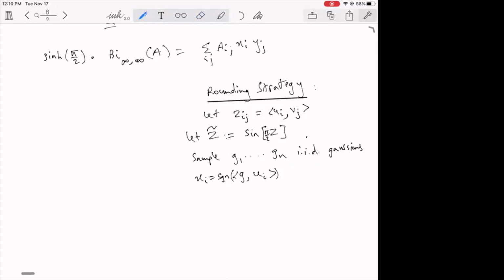So now I'm going to take xi to be the sign of G inner product ui and yj to be the sign of G inner product vj.